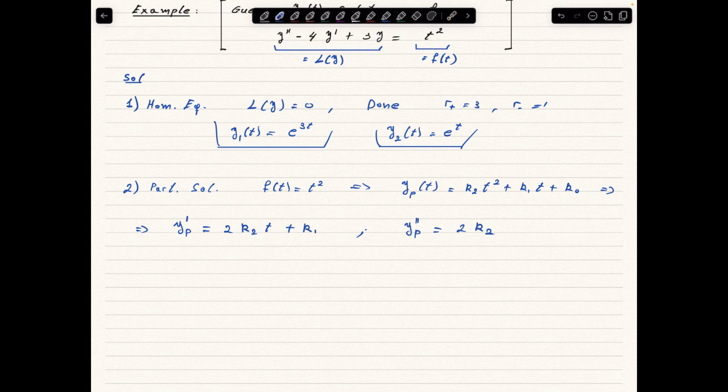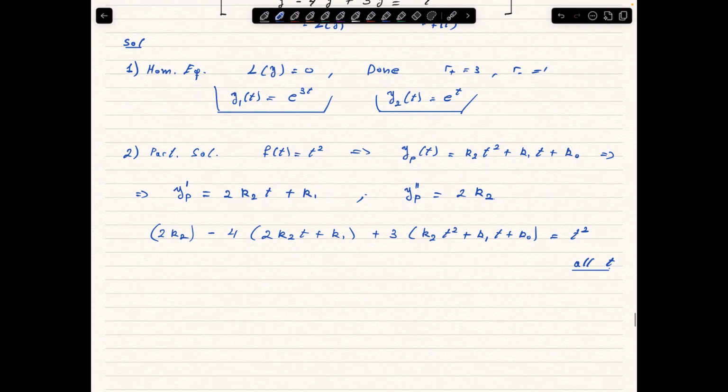So second derivative, that means let's put here 2 k2, that is the second derivative, minus 4 times the first derivative, which is 2 k2t plus k1, and then plus 3 times the original function, which is the whole polynomial, k2 t squared plus k1t plus k0, and all that has to be equal to t squared. So this is the equation, and this is an equation that has to be true, of course, for all t.